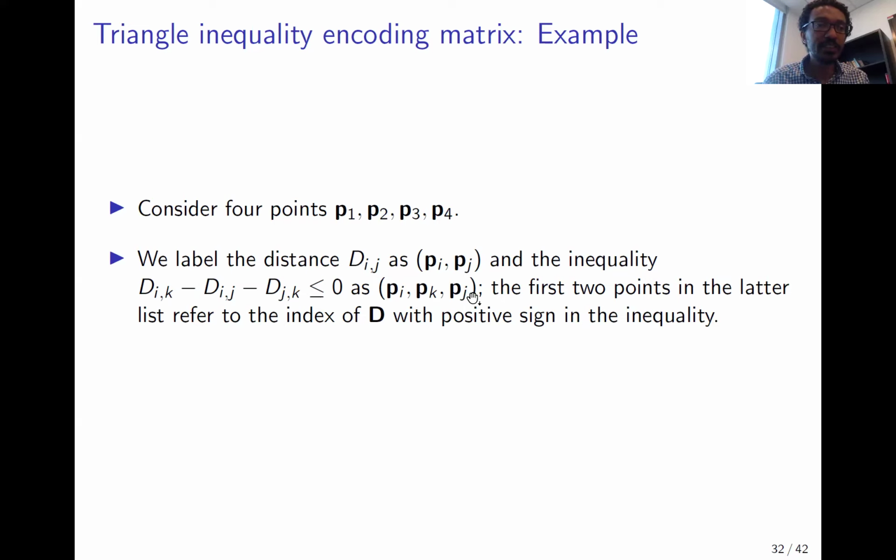So the first 2 points in this list refer to the index of D with a positive sign in the inequality. In this case, the one which has a positive sign in front of it is Dik. So these 2 points are the ones corresponding to that. Okay, so this is just a convention.